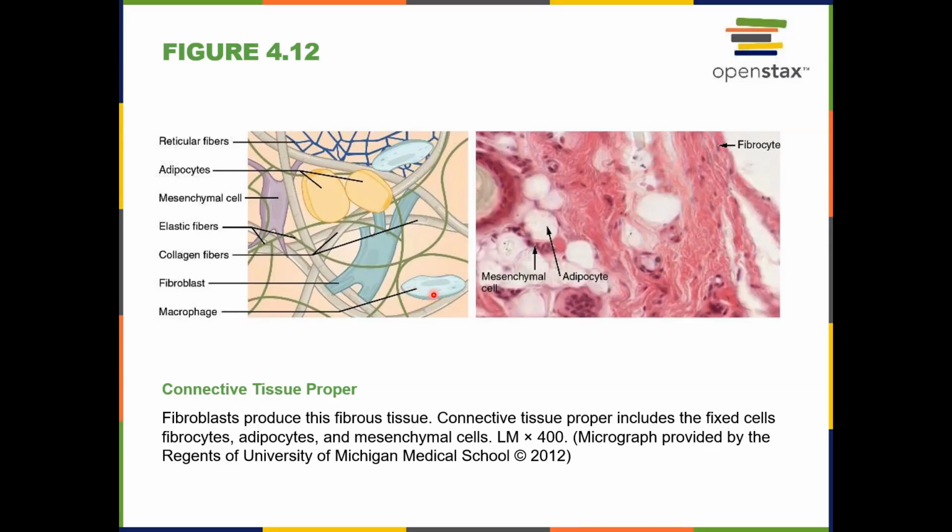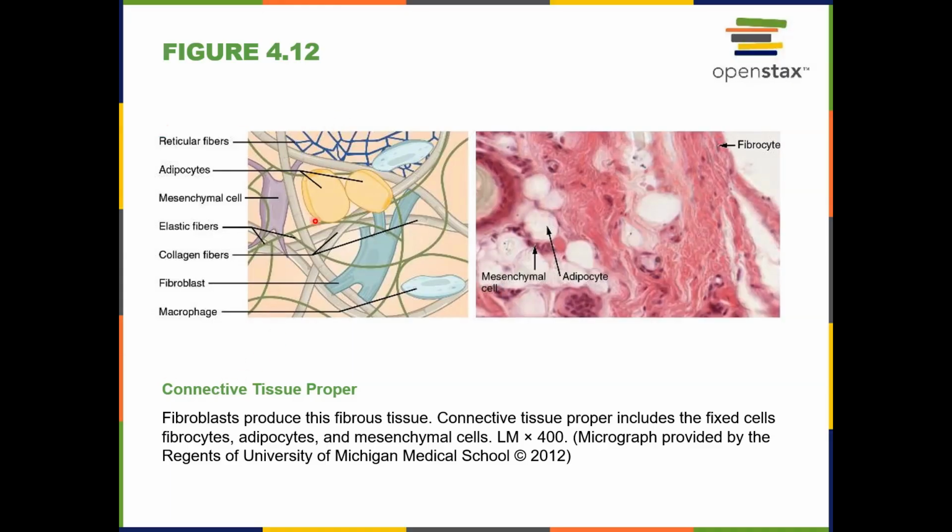Leukocytes, of course, are found in the blood, but they're also found in other types of connective tissue. Mesenchymal cells are a stem cell that can divide to produce more cells and differentiate or mature to form the fibroblast and adipocytes, other types of cells in connective tissue.